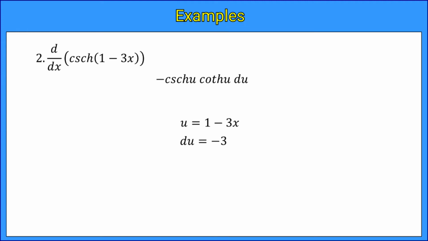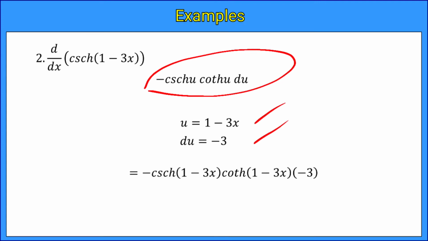So we have the value already for u and du, and we just focus on this rule. Plug in this value, and we're gonna get negative hyperbolic cosecant of u, 1 minus 3x, hyperbolic cotangent of u, 1 minus 3x, times du, negative 3. And since we have a negative on this part and this, we can also multiply those two so that we get a positive.